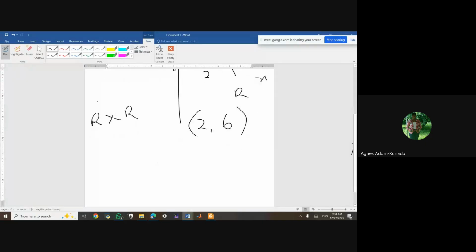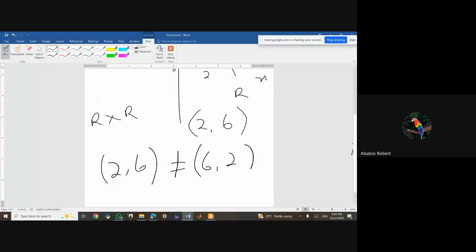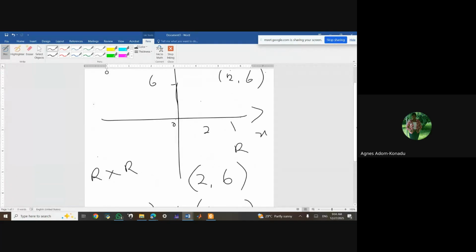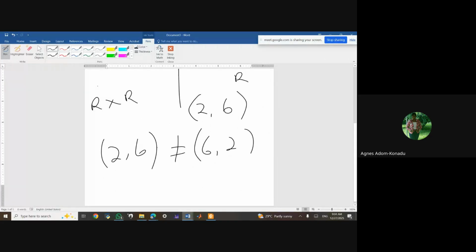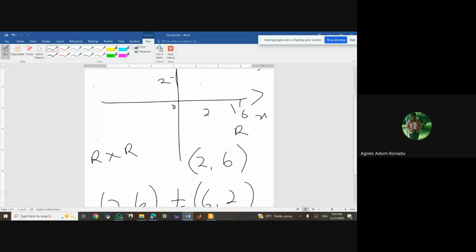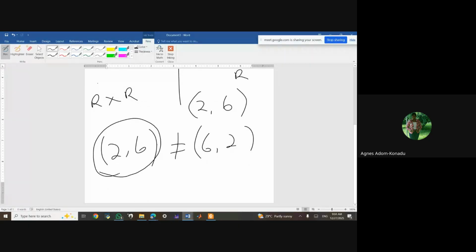But note that 2, 6 is not the same as 6, 2. Do you agree? Yes, madam. Because if I write 6, 2, it means that I'm taking 6 from here and 2 from here. So 2, 6 is not the same as 6, 2, because here the order is important.